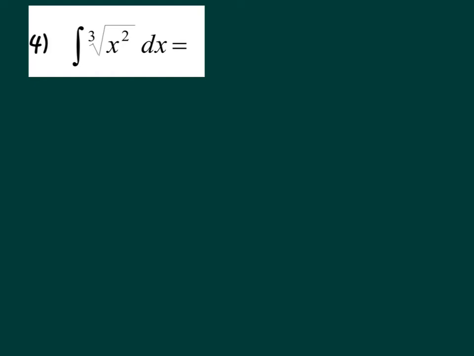So to obtain the integral of radicals, we're going to write them as rational exponents, just like we did for derivatives. So now that we have the integral of x to the 2/3 times dx, all we have to do is to add 1 to the exponent, 2/3 plus 1, over 2/3 plus 1, plus the constant.